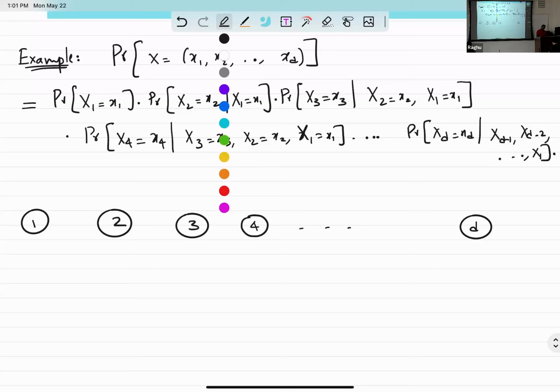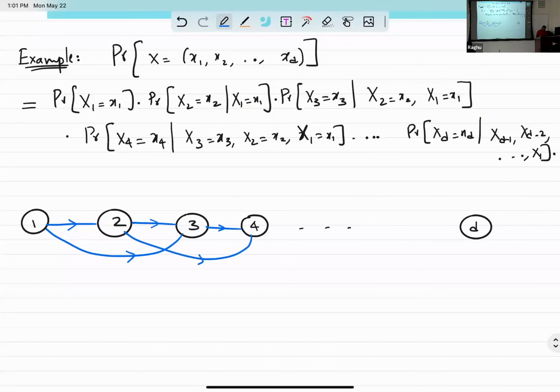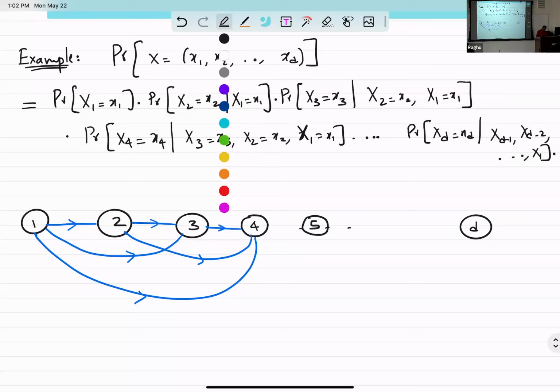Exactly, right? For any distribution, I can say, okay, 2 depends on 1, 3 depends on 2 and 1, 4 depends on 3, 2, and 1. Basically, just add edges from every vertex to everything subsequent to it. So this is a valid sort of Bayes net for any distribution.